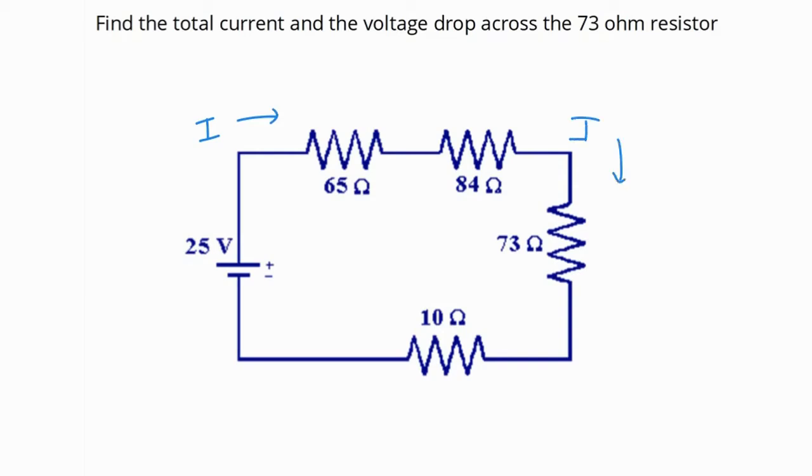So we have that current is the same at all these points, and then we can calculate the voltage drops by using our total voltage and our total resistance. So let's first calculate the current. Because this is a series circuit, my total resistance is the sum of resistance 1 plus resistance 2 plus resistance 3 plus the resistance of the fourth resistor.